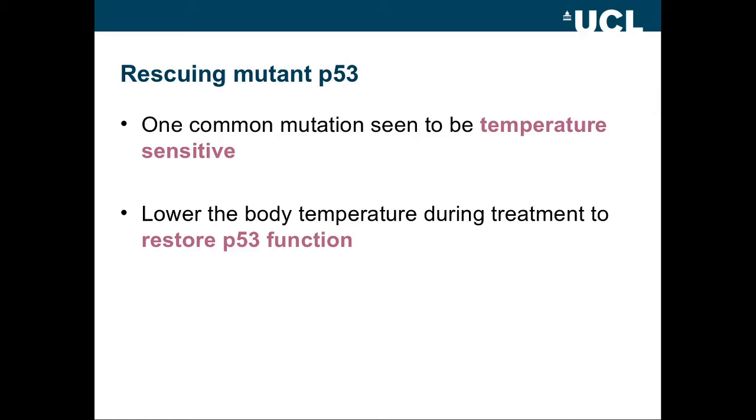So, as I said before, conventional chemotherapy and radiotherapy work largely by triggering P53 because there's massive DNA damage as a result of those things. And if your P53 is not working properly, then the treatment is less effective. Consequently, if you can identify the mutations that are temperature sensitive, then you can lower the body temperature and restore the function of P53.